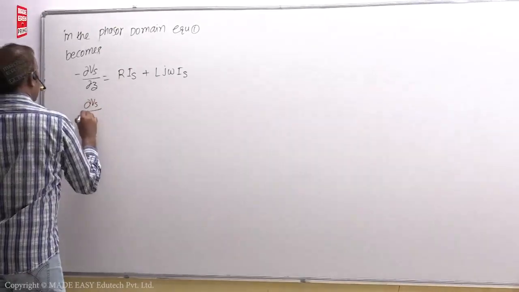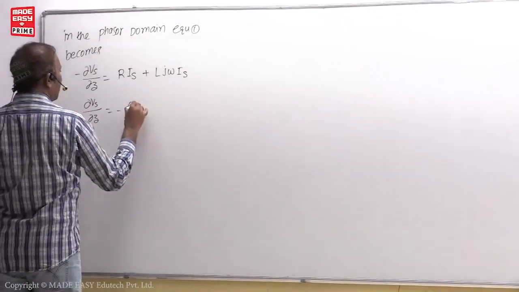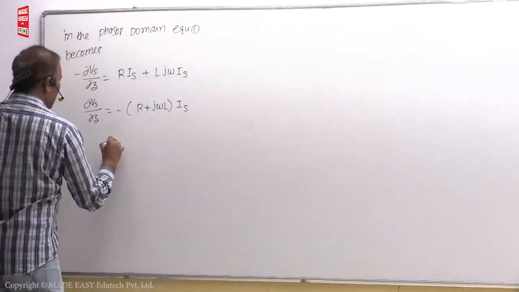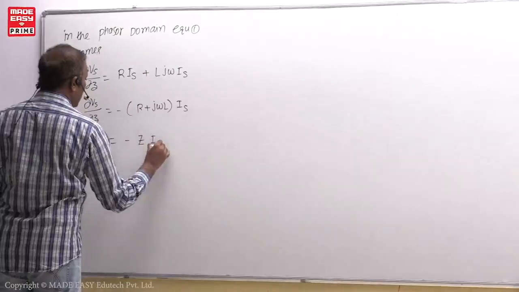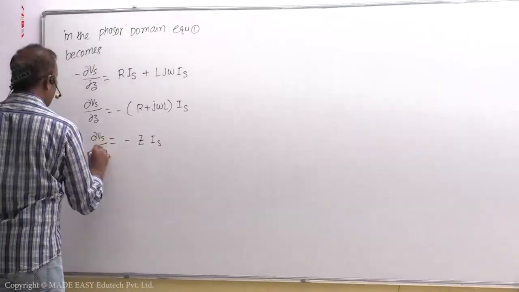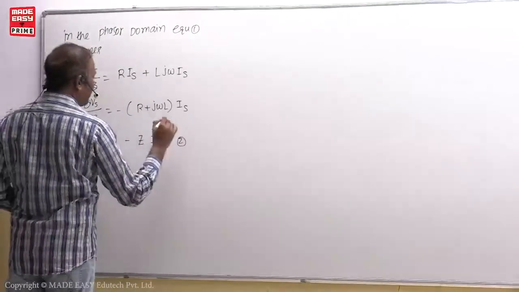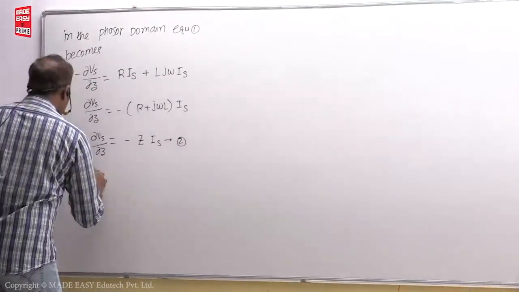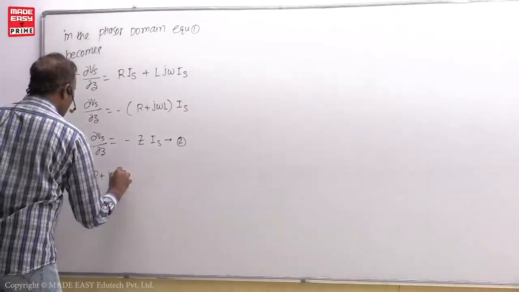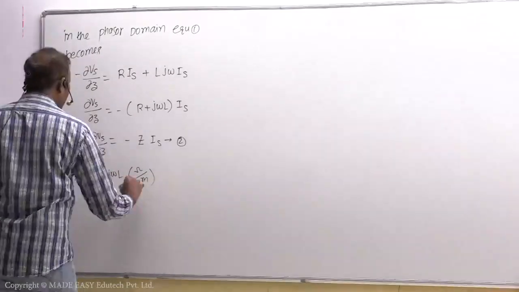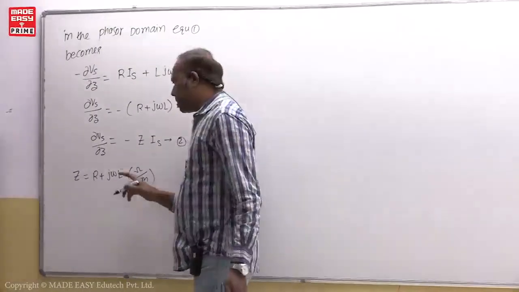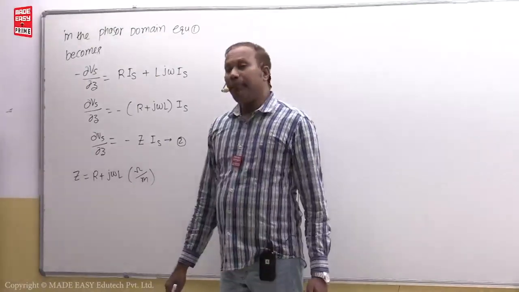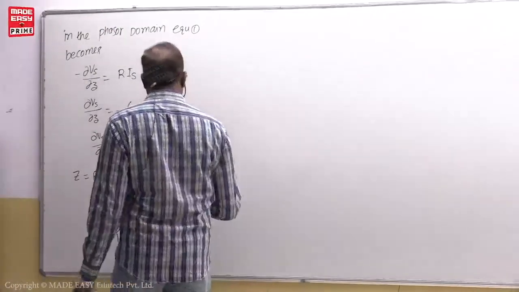So dou Vs by dou z is equal to minus of R plus j omega L, with Is common, written as minus Z into Is. This is equation number 2. Here Z is equal to R plus j omega L, in ohms per meter, because R is per meter and L is also per meter. This is called the series impedance.